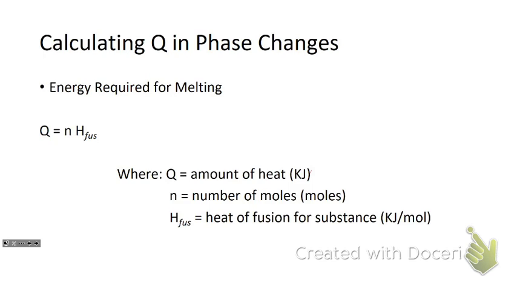So some commonalities between our two formulas that we've talked about today. Q is equal to mcΔT compared to Q is equal to n times heat of vaporization or heat of fusion. We both have Q, right? Anytime you see Q, you need to think of thermal energy. That is constant between the two. We have a specific heat capacity or a heat of fusion or a heat of vaporization for that substance, so that is unique to each substance.